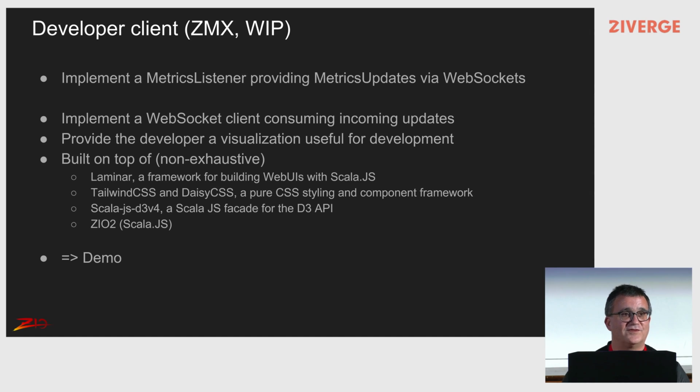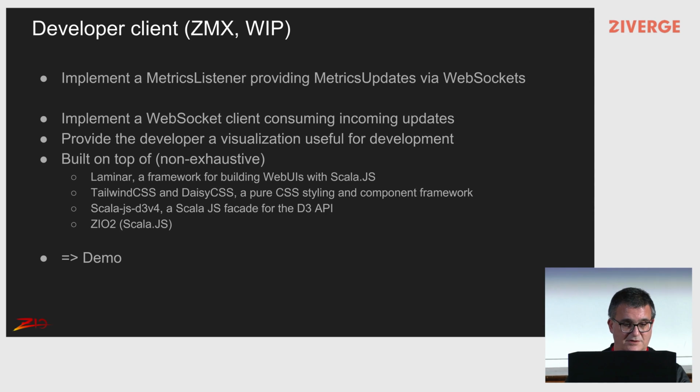For styling, we have used pure CSS frameworks like Tailwind CSS and Daisy UI, which give us CSS-based components for our front end, and also a rather old D3 Scala.js facade that we have upgraded a little bit, and of course ZIO 2.